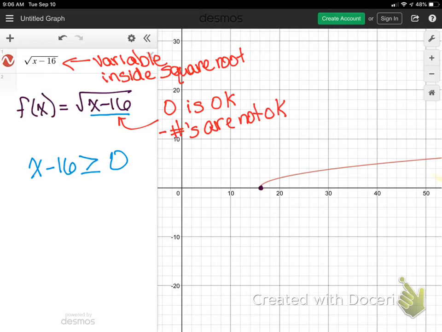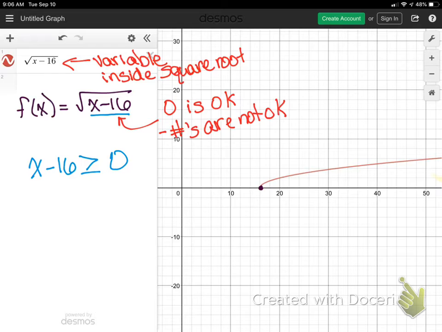Students usually remember that a rational can't have a 0, that your fraction can't be over 0. But then they don't remember this, and so they just set it equal to 0 and say x minus 16 can't be 0. So there are two different rules, and think about when each situation is undefined.